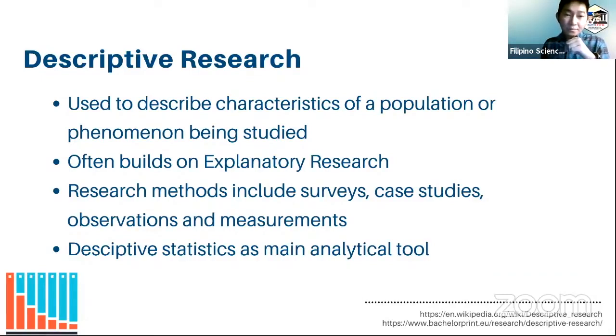So parang if you're studying the different biodiversities, you can look at a certain plant species, and you can collect data on that in different settings and compare that. So ang main tool po for descriptive research is descriptive statistics, o yung very familiar po tayo about like the mean, the standard deviation, because this will give you the quantitative data, or it will describe your quantitative data.